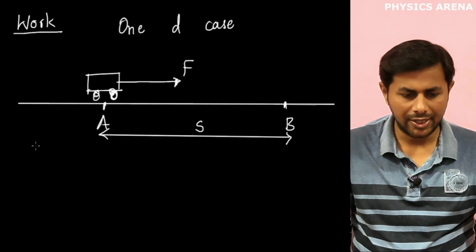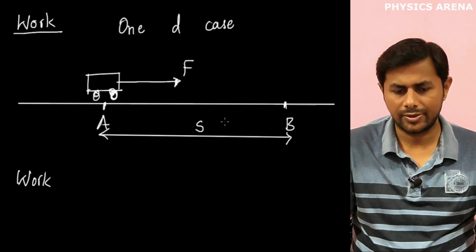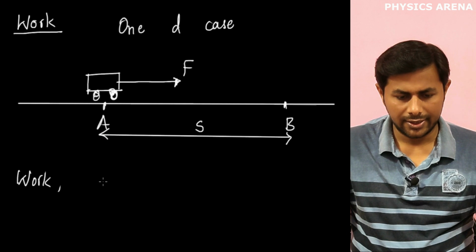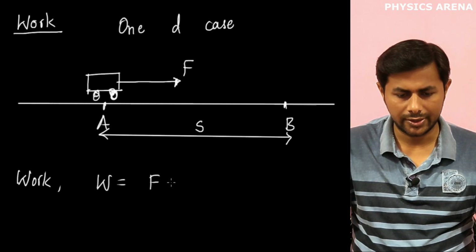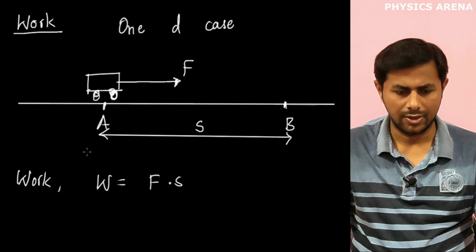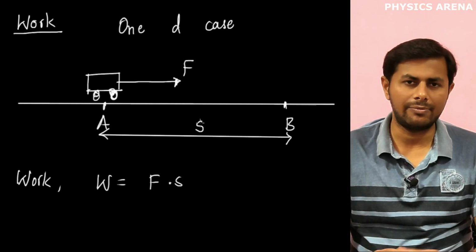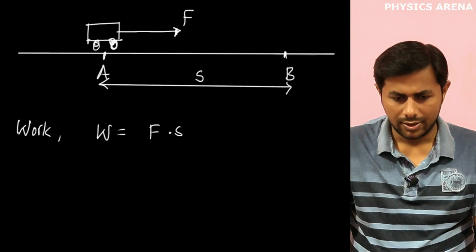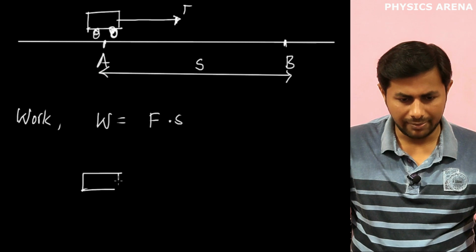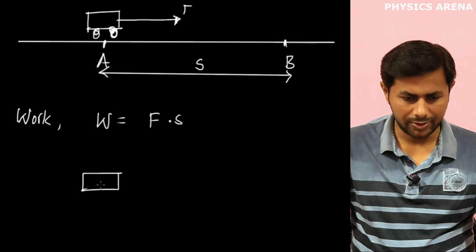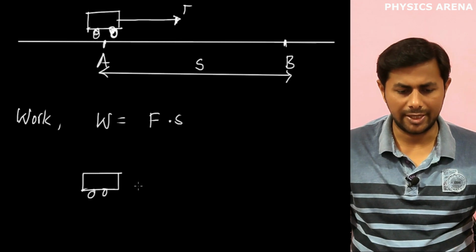In the one-dimensional case, the work done by this force F on the cart is simply defined as the product of force with the displacement. Now it's very easy to generalize it to the three-dimensional case. Let's suppose that there is some angle between the force and the displacement.